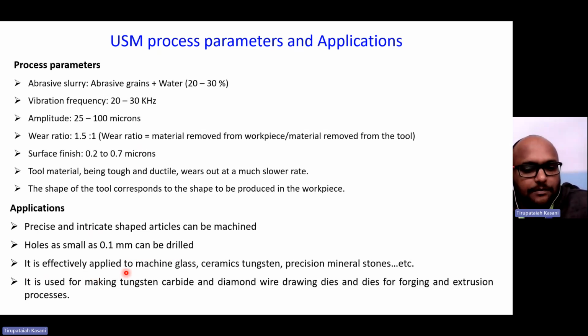It is effectively applied to machine glass, ceramic, tungsten, precision mineral stones, etc. It is used for making tungsten carbide and diamond wire drawing dies, as used in the wire drawing operation. Those dies are machined using ultrasonic machining, and dies for forging and extrusion processes are also machined using this process.